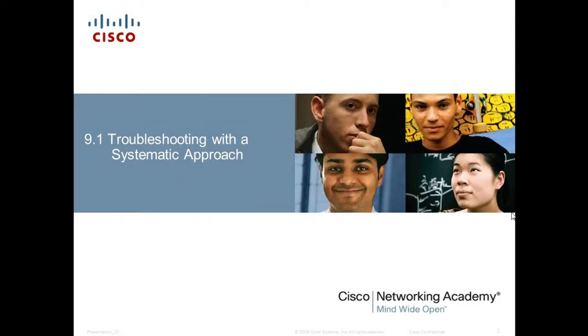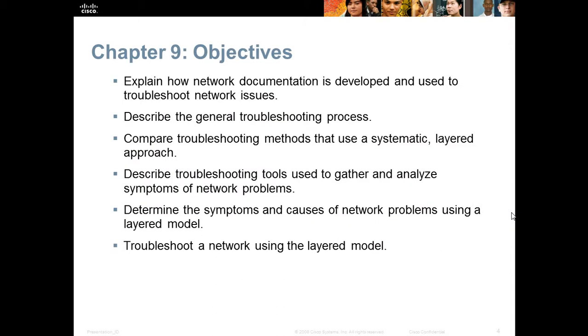Troubleshooting with a systematic approach. The main objectives of these lessons are how network documentation is developed and used to troubleshoot different network issues, what the general troubleshooting process is, and then we can compare the troubleshooting method that uses a systematic layered approach.